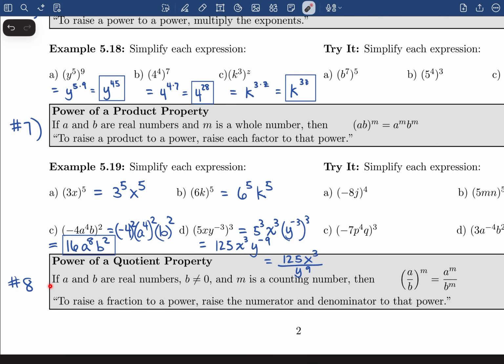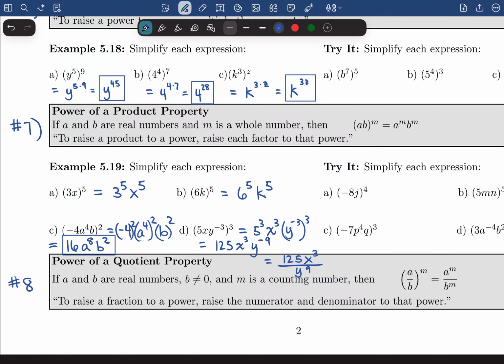If a and b are real numbers and b does not equal 0, m is a counting number, then a over b to the m equals a to the m over b to the m, meaning I can apply the exponent to the numerator and denominator of a fraction. Here's an everyday phrase: to raise a fraction to a power, raise the numerator and denominator to that power. That's the rule.